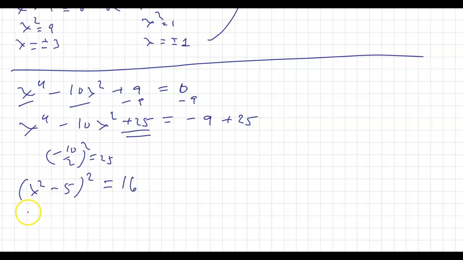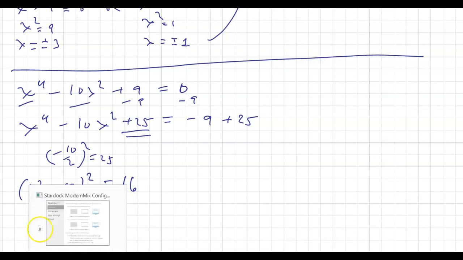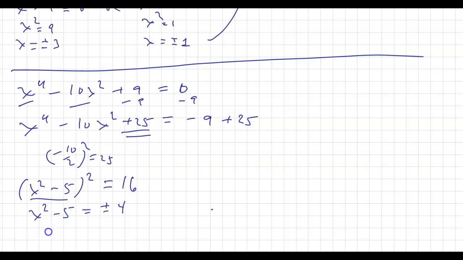Then we can continue this question, because if something squared is 16, it's either plus or minus 4. And then when you add 5 to both sides, x squared equals 5 plus or minus 4.